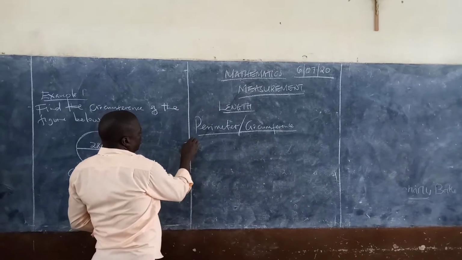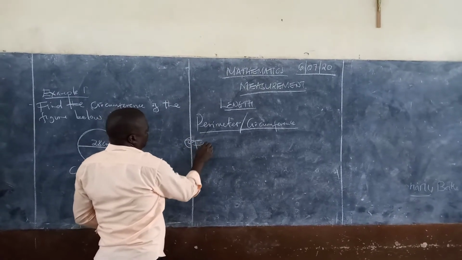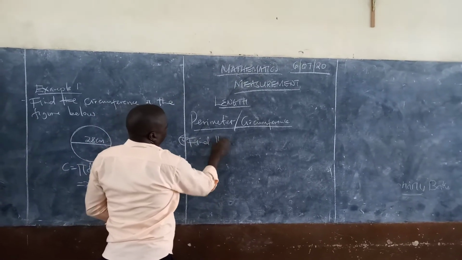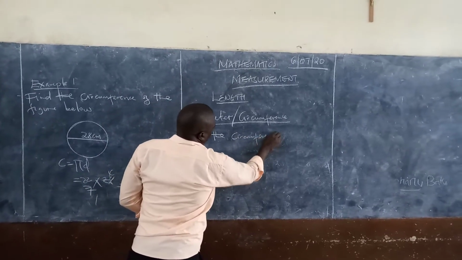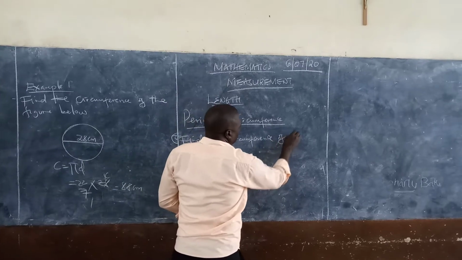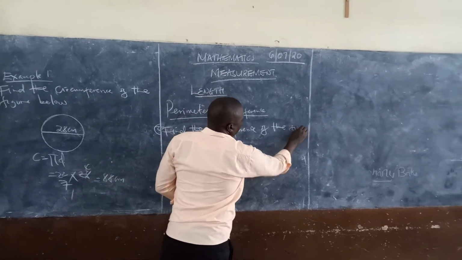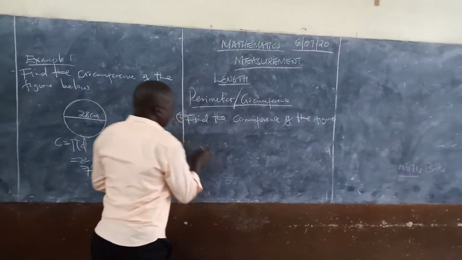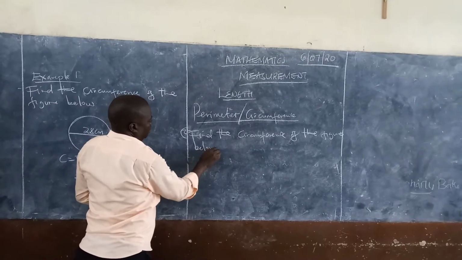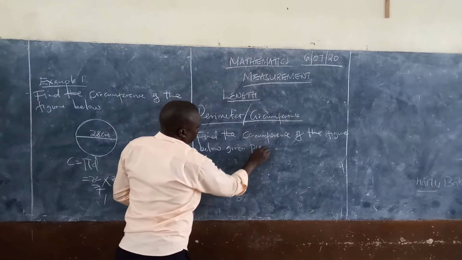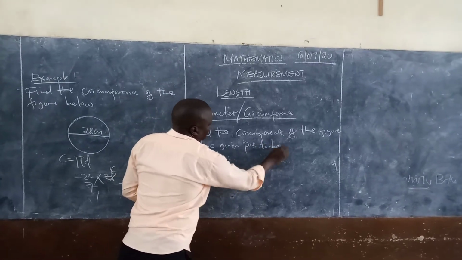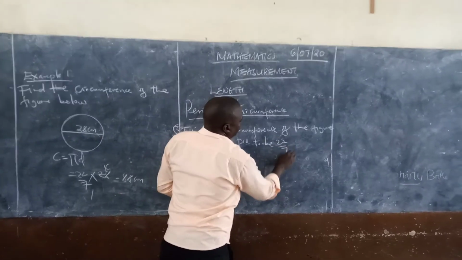Number 2, find the circumference of the figure below, given pi to be 22 over 7.